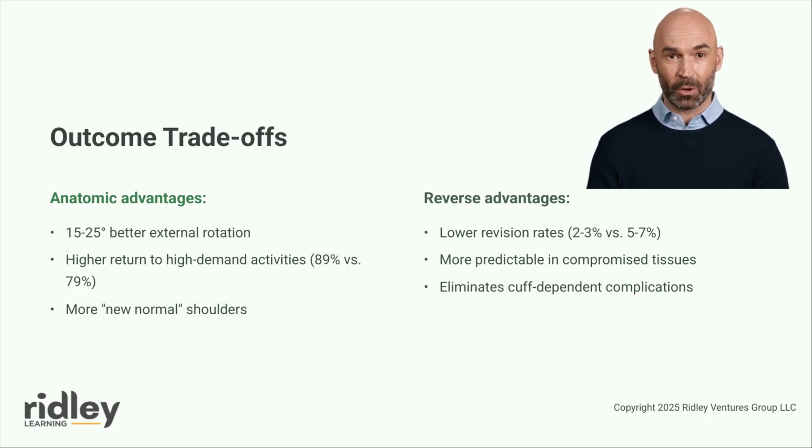The rate of achieving a new normal shoulder, the highest level of functional recovery, is significantly higher after anatomic arthroplasty at 47%, compared to reverse arthroplasty at 24% in patients with intact rotator cuffs. These findings underscore the importance of preserving anatomic reconstruction in younger, active patients who prioritize maximal rotational motion and high-level function.